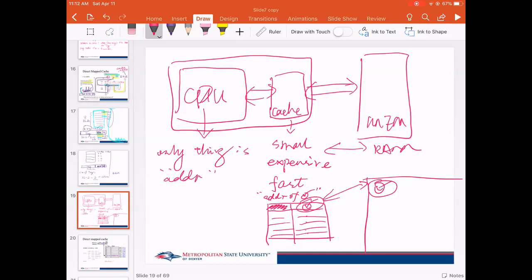It does not know the content of the data, right? So there's no way for me to just copy the apple. I have to copy the address of the apple. This is one complex part of why the cache is expensive, because you generally spend a lot more space to hold a copy of the data you want.